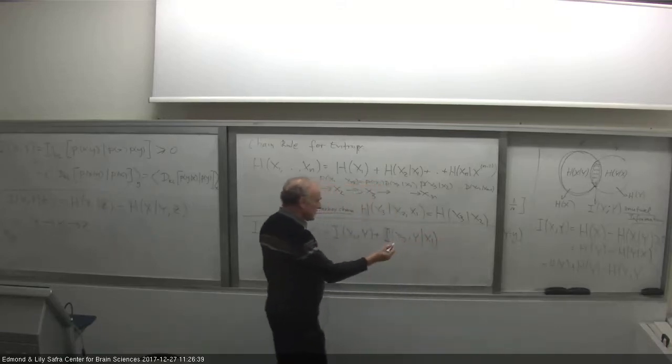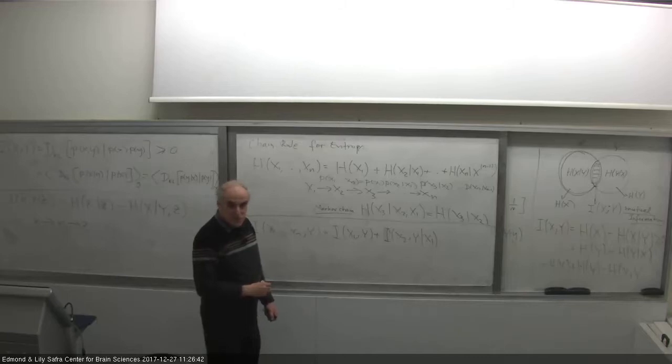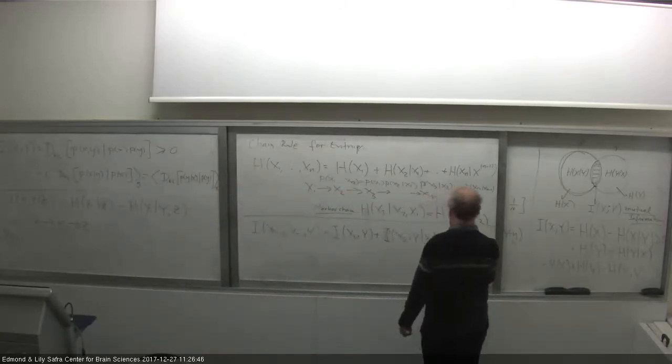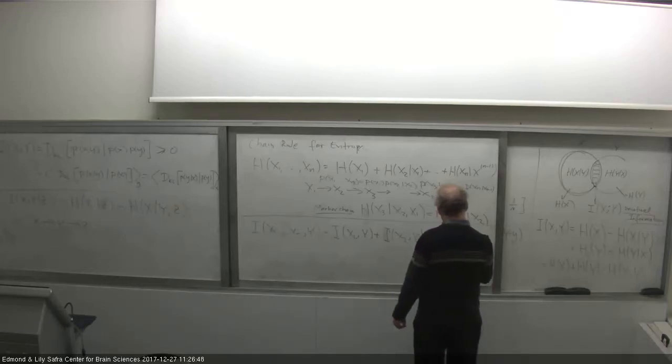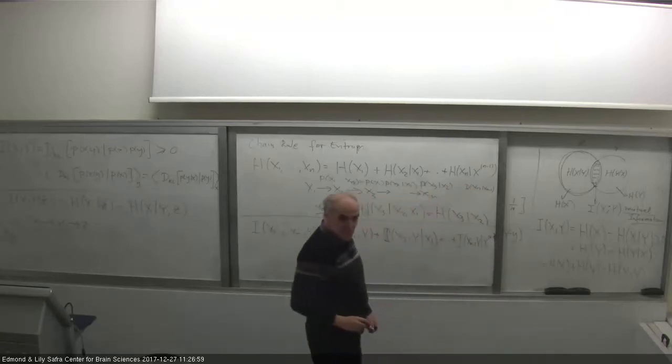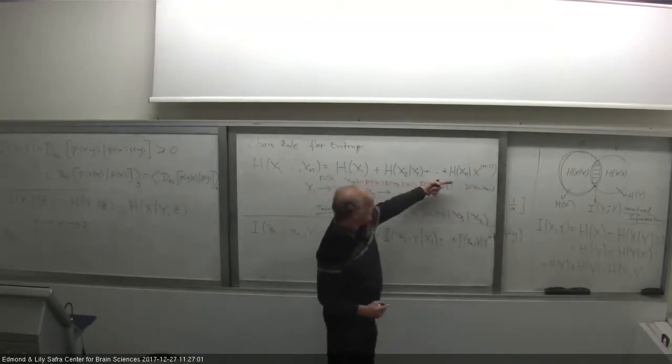Okay, this is still the natural thing. Now I can continue this in the same way. It should be plus the information between the last variable and y given all the previous ones. Yeah, something like this. Okay, so this is a direct extension of this.